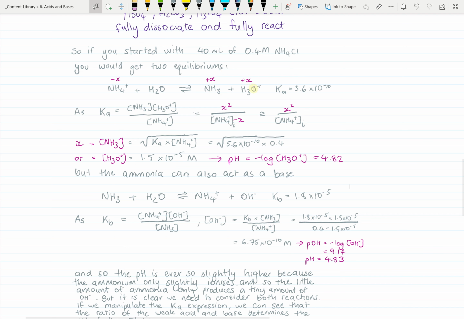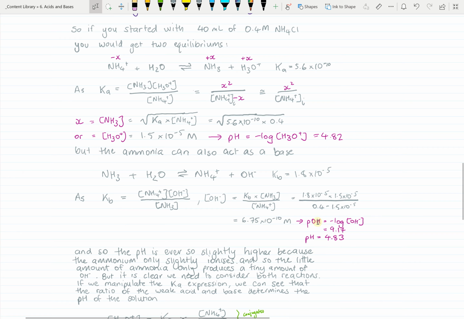Some of it split over to the hydronium ion and the ammonia. And even though ammonia is a stronger base in that it ionizes or dissociates a bit better, it's still a small amount splitting a little bit, so you're only going to get a little bit of hydroxide.